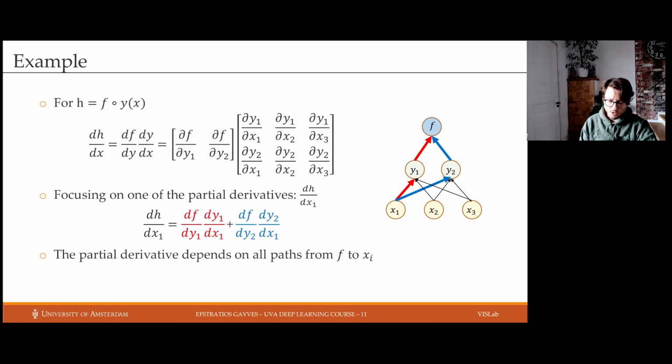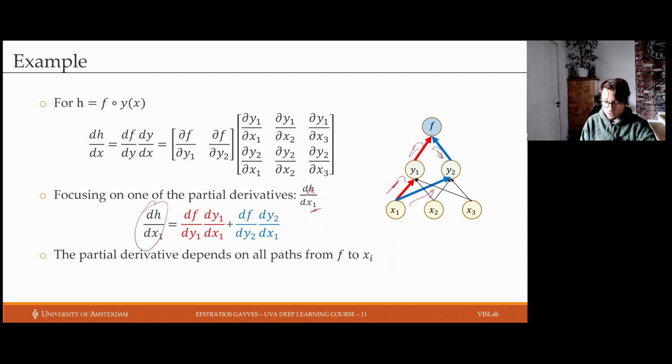And now a visual example of how the chain rule works. So let's say we want to compute again one of our partial derivatives, x1, with respect to an output. In this case, our output is a scalar value. We have to compute all possible paths, so the red one and the blue one, and then we sum.